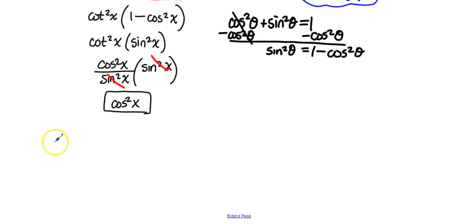Number 53 is cosine squared of x minus 4 divided by cosine of x minus 2.